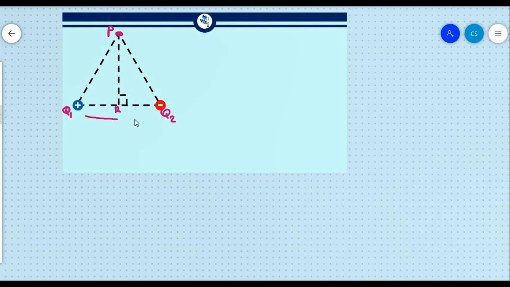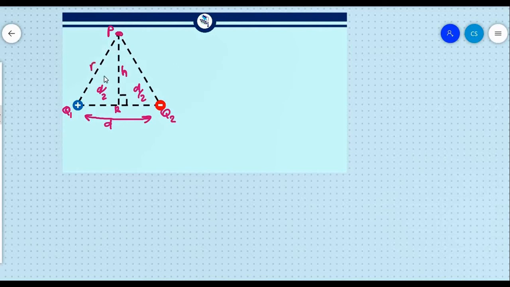Alright, and it's separated by a distance D, and seeing that this is the perpendicular bisector, of course having a height h, from here to here would be the midpoint, so it would be D over 2, or half times D.